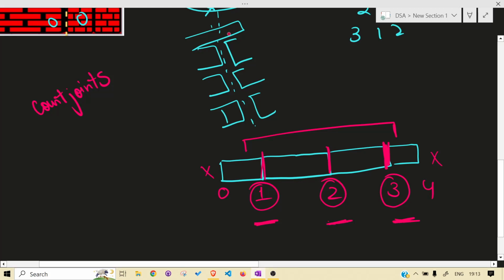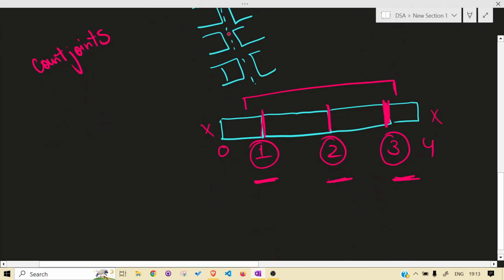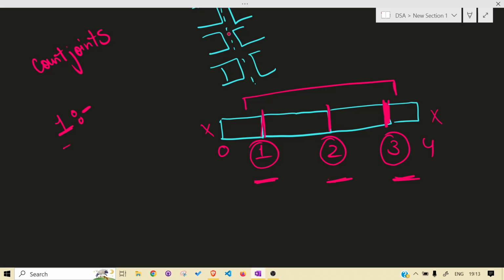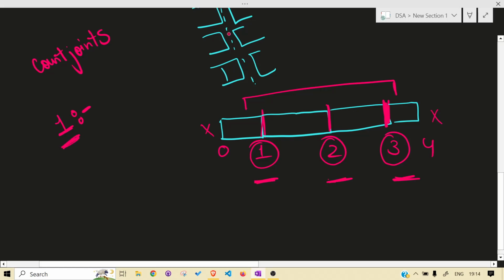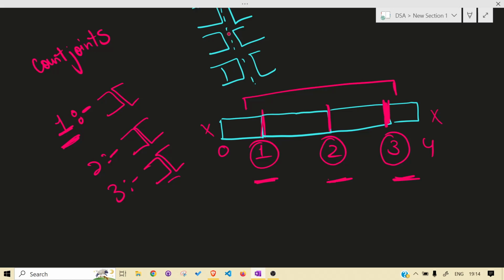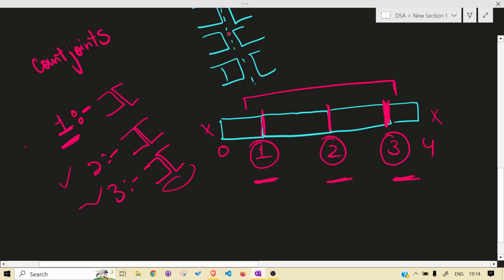We just have to count how many are present at the 1st position, how many at the 2nd position, and how many at the 3rd position. In whichever index we have the maximum of this, we got our answer.